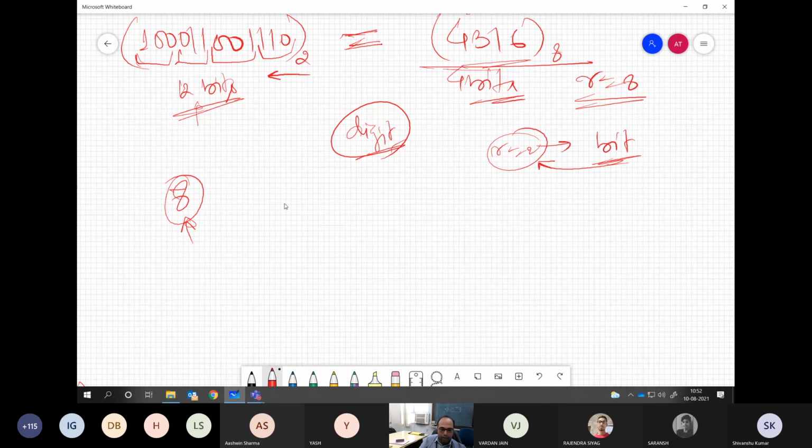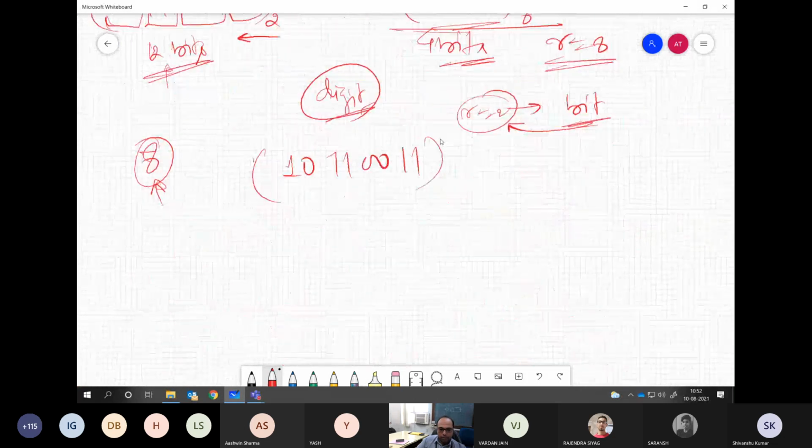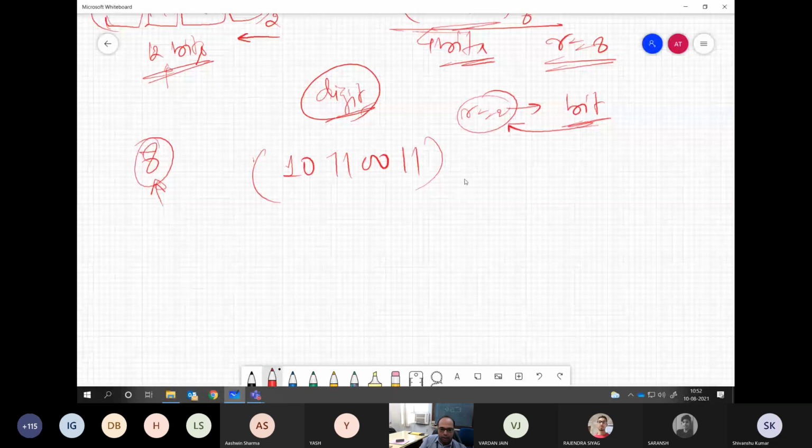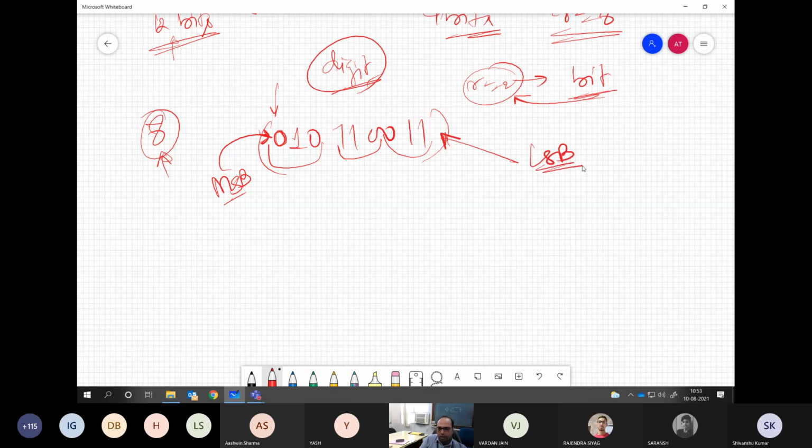So 1 bit shortage was there when you were clubbing this all together in groups of 3. So always we can add something on the most significant bit side. We can add 0 over here, but we can never add any 0 on the least significant bit side. It will change the value.